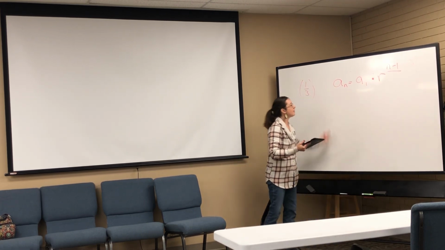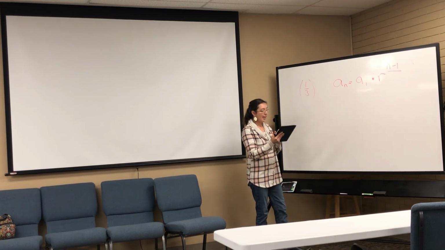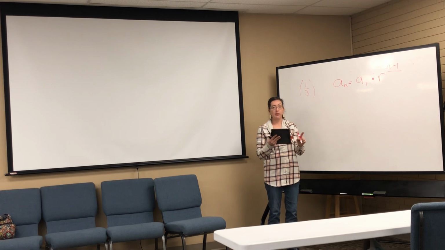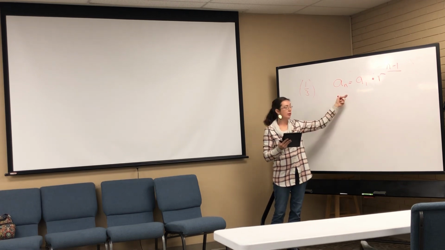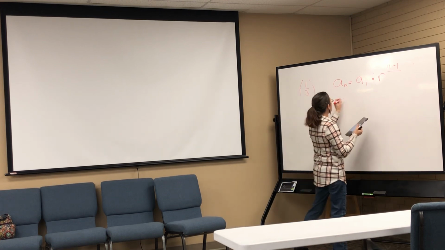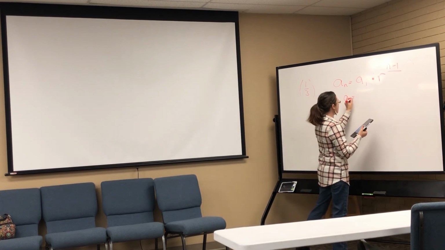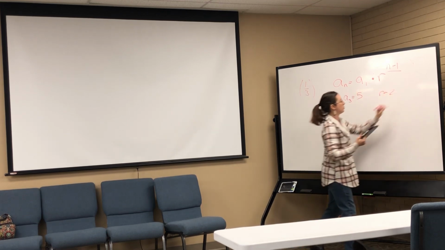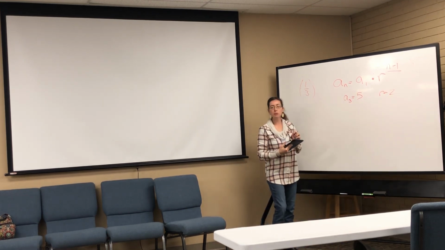Okay, so now we have our generic, and as long as we have any one term and our common ratio, can we write our equation? So if we were given a sub 3 equals 5 and r equals 2, where do these numbers plug in?